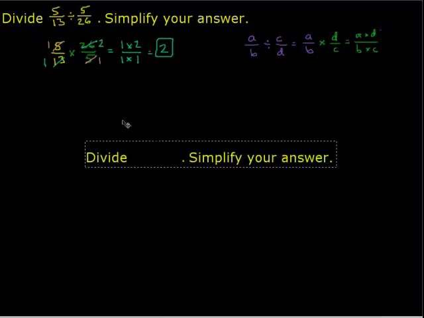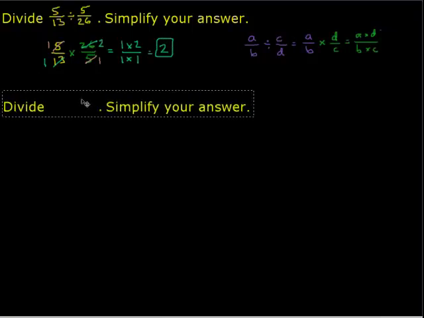Now let's take a look at a slightly different division. It's a very similar approach. If we have, let's say, 2/3 divided by 2, we don't have an obvious fraction here in the second spot, but if we rewrite this 2 as 2 over 1, then we'll be in business.